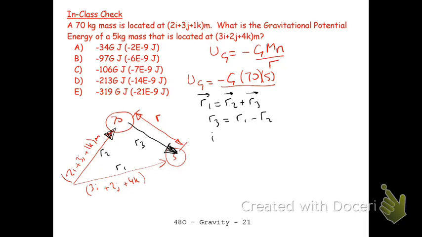And that's important because when I do this, I've got to make sure I add them up or subtract them the right way. I'm going to do R1, 3, 2, 4. I'm going to go minus R2. R2 is 2, 3, 1, but it's the minus of that.